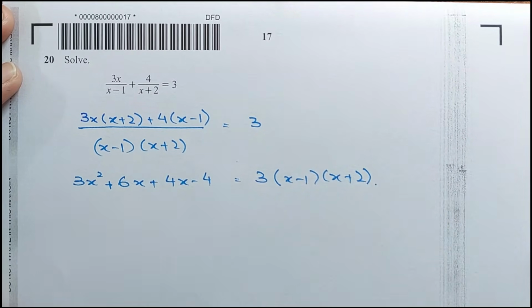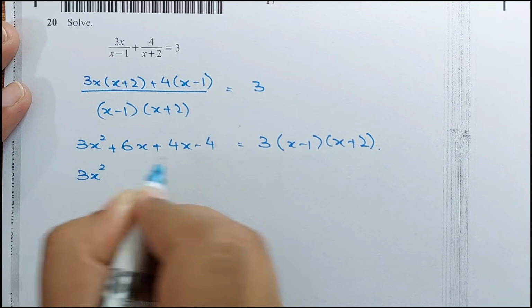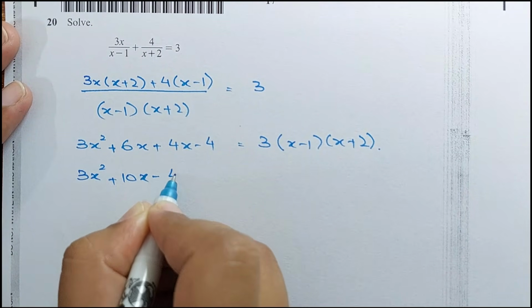I did the cross multiplication. Let me simplify this: 3x squared, and 6x plus 4x becomes 10x, and minus 4.